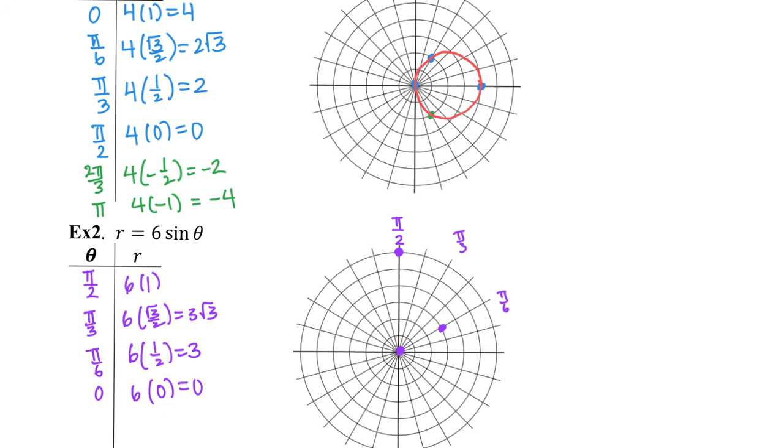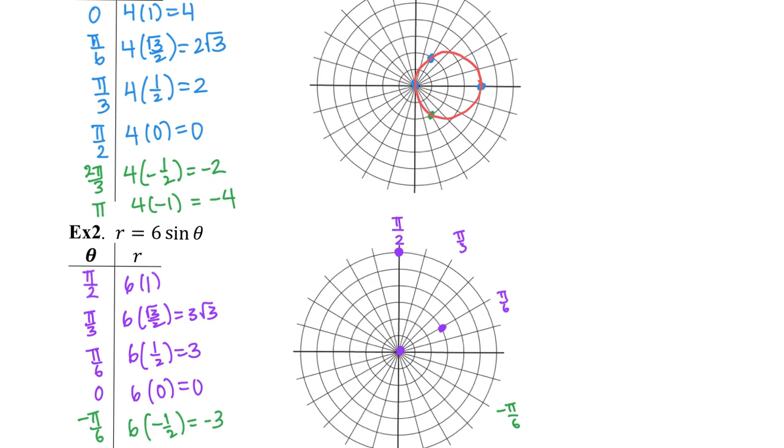If I keep going down here, I'm going to plug in this point. I'm going to call it negative pi over 6. You could call it 11 pi over 6 because it's the exact same point. The sine of negative pi over 6 is negative 1/2. So it takes me down to negative 3. So along negative pi over 6, I'm going to go negative 3, which is 1, 2, 3, which is up here.